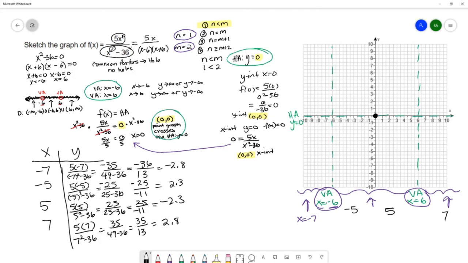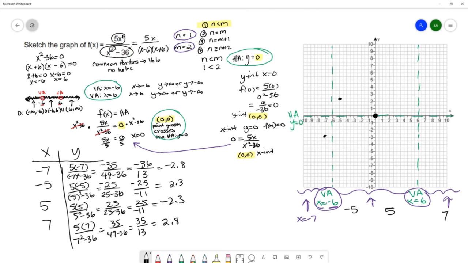So now we have some more ordered pairs, and this will help guide us on drawing the graph. We have -7, -2.8, should be about right here. We have -5 and 2.3, be about here.